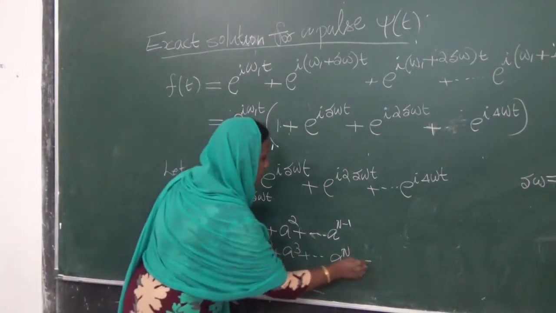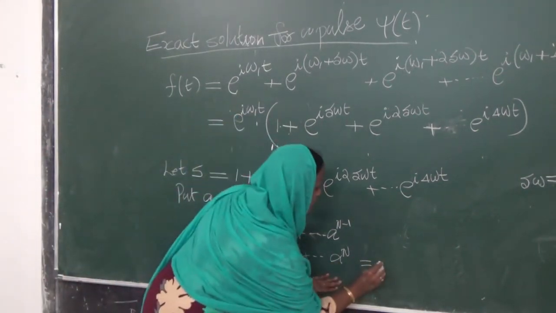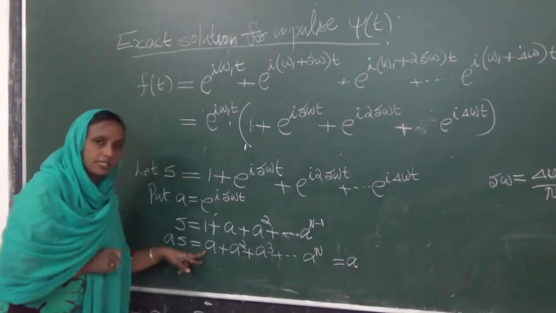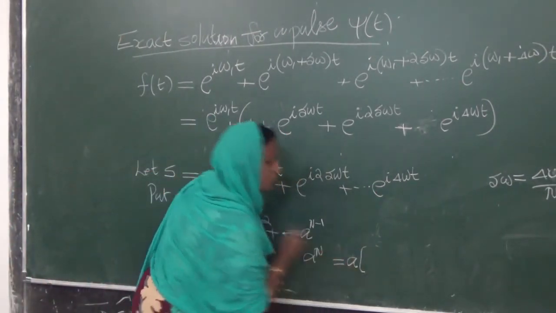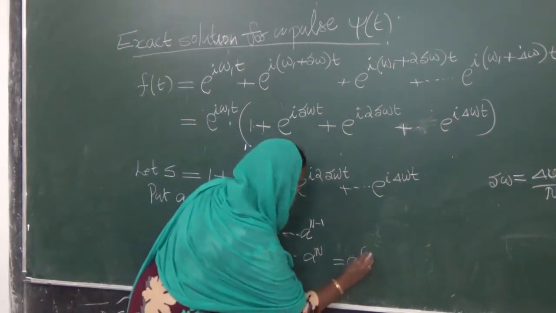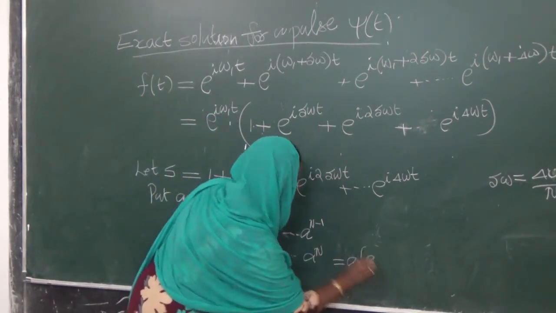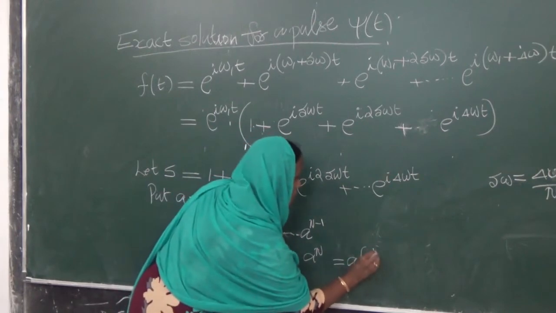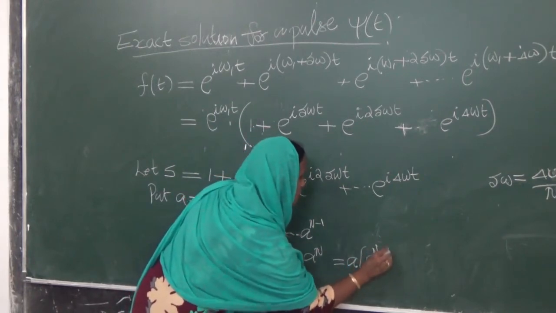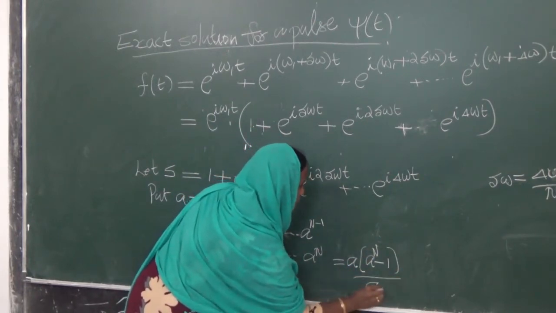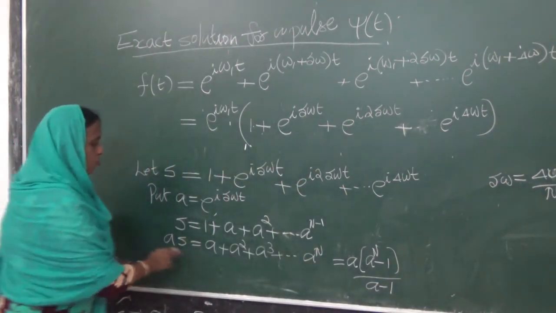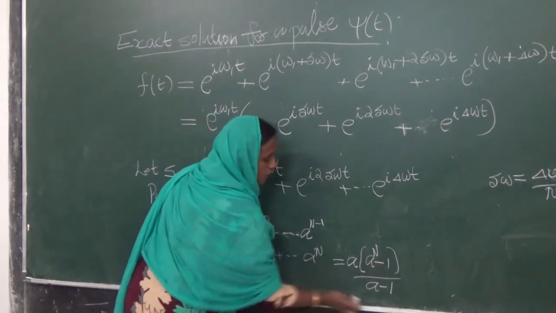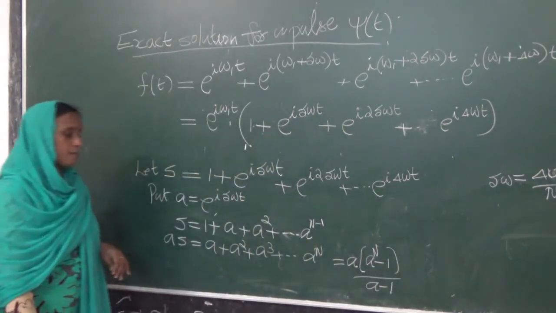How can we write this? The first term, here the first term is a, the first term into the multiplier, that means a raised to n minus 1 by a minus 1. This is the expression for a GP, geometric progression.